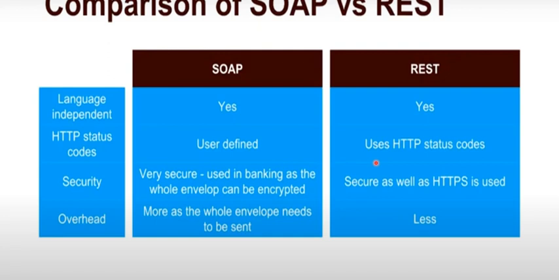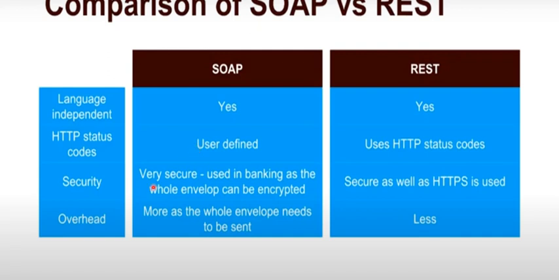REST uses all the facilities provided by HTTP, so REST uses the same status codes which HTTP used earlier, whereas in SOAP the status code can be user defined. The user can define the status code in the form of XML.